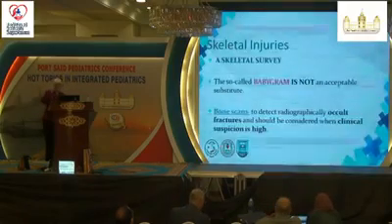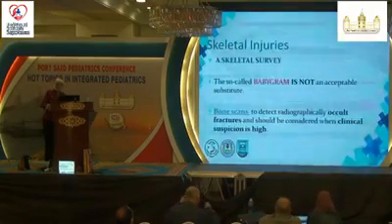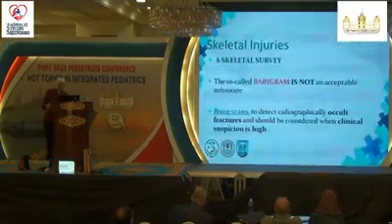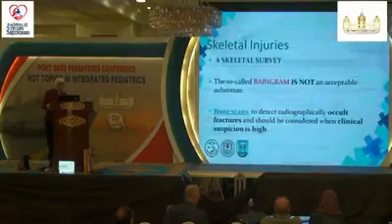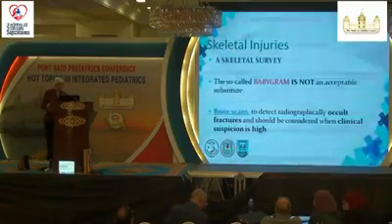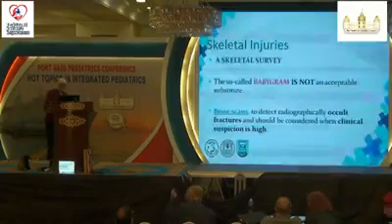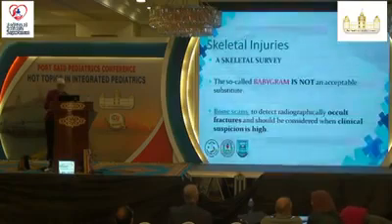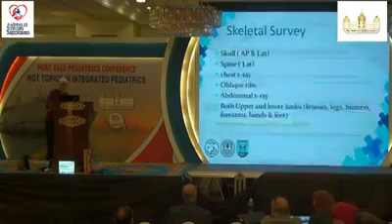Now, when you are suspecting child abuse, if you are suspecting skeletal injuries, you should ask for a skeletal survey and don't ask for a babygram. Babygram is not an acceptable substitute. Bone scans are indicated to detect radiographically occult fractures and should be considered when clinical suspicion is high.